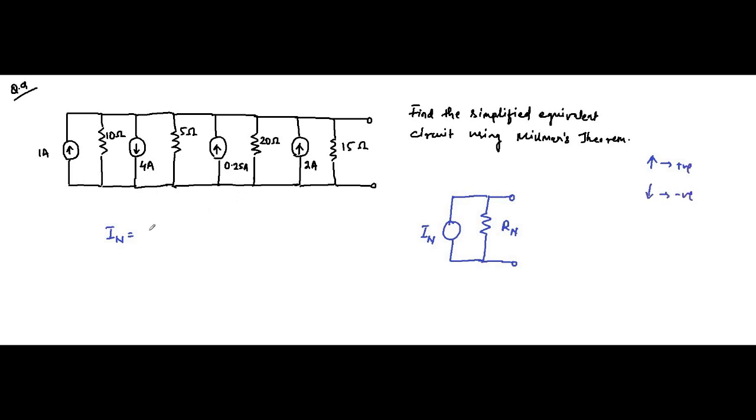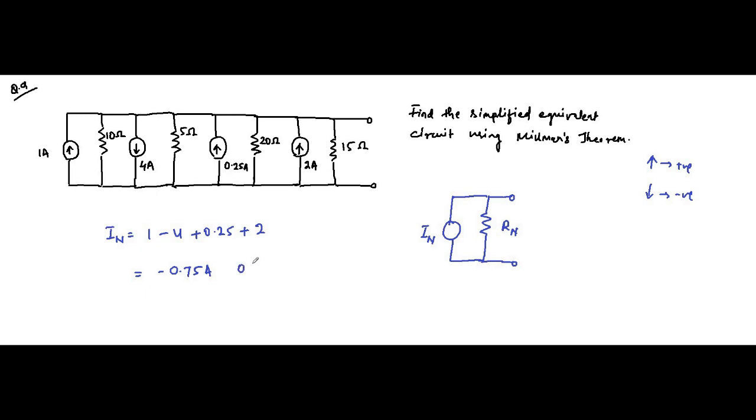So IN will be 1 ampere upward, 4 ampere downward, that's why minus, 0.25 upward and 2 ampere upward. So the net result is 3 minus 4 minus 1 plus 0.25, which is minus 0.75 ampere.